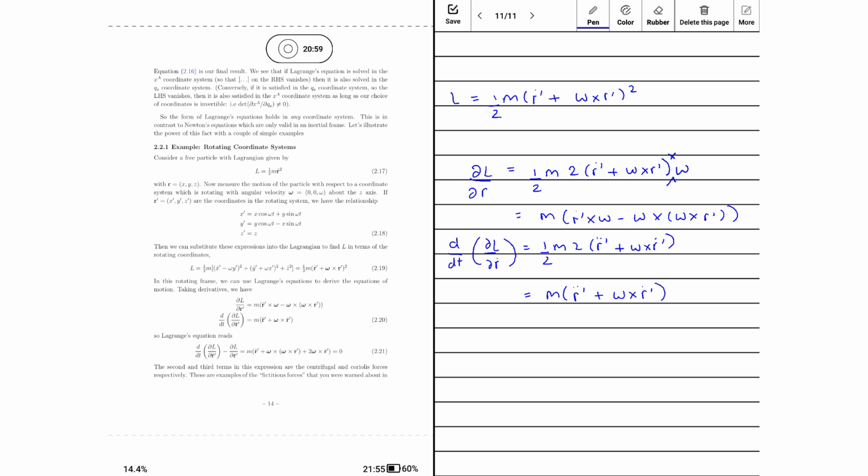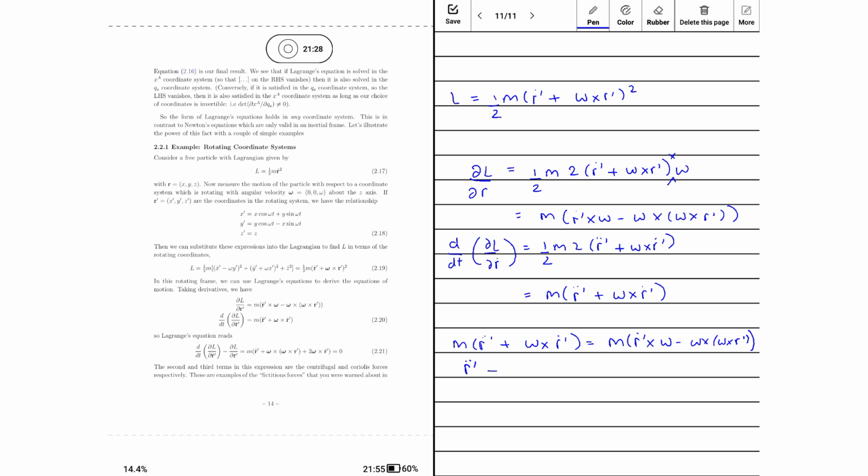Then the Lagrange equation is that this should be equal to this, or this minus this should be equal to 0. So let's write out m r double dot plus, is equal to m r dash cross omega minus omega cross r dash.